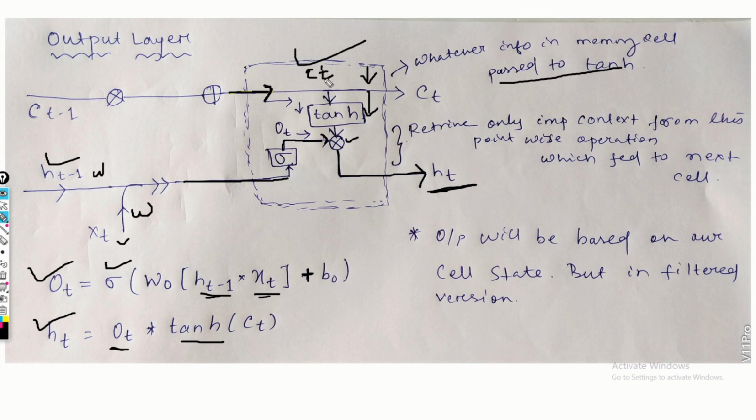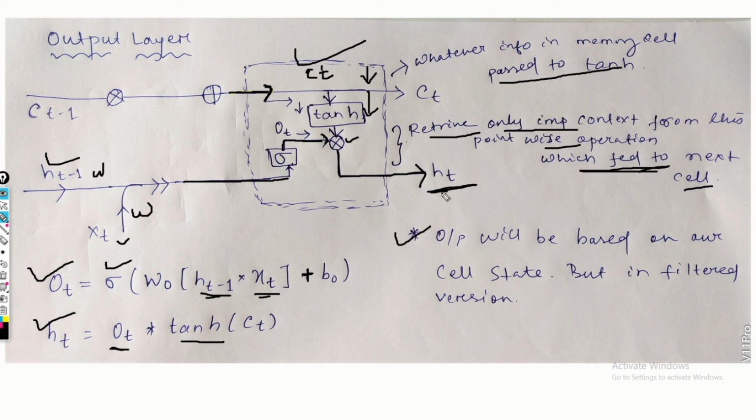We are not neglecting the cell state because we have not passed it to the sigmoid function. If you pass it to the sigmoid function, it will convert it to 0 and 1. As you are passing it to the tanh, the cell state information will be stored, right? So only the important information will be passed to the next cell. The output will be based on our cell state, but in a filtered version.